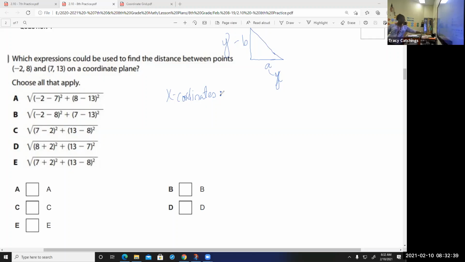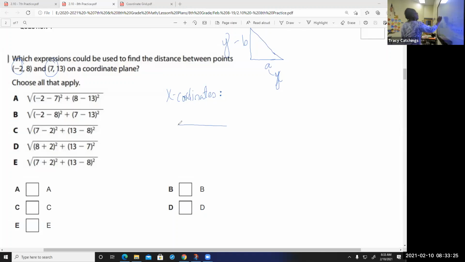Okay. And we'll have to come back later. So our x coordinates are -2 and 7.